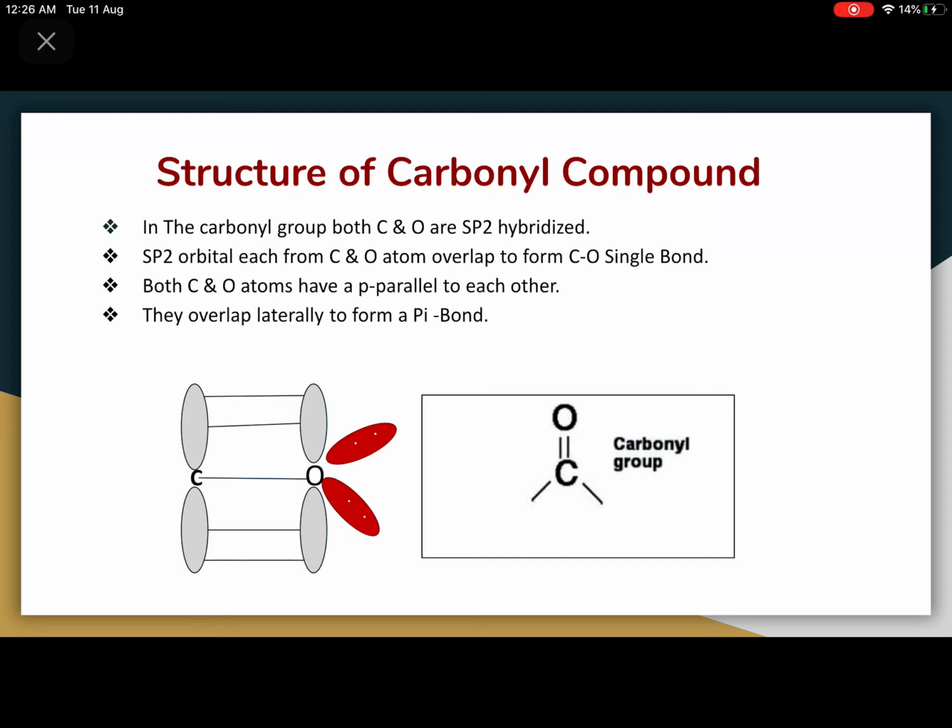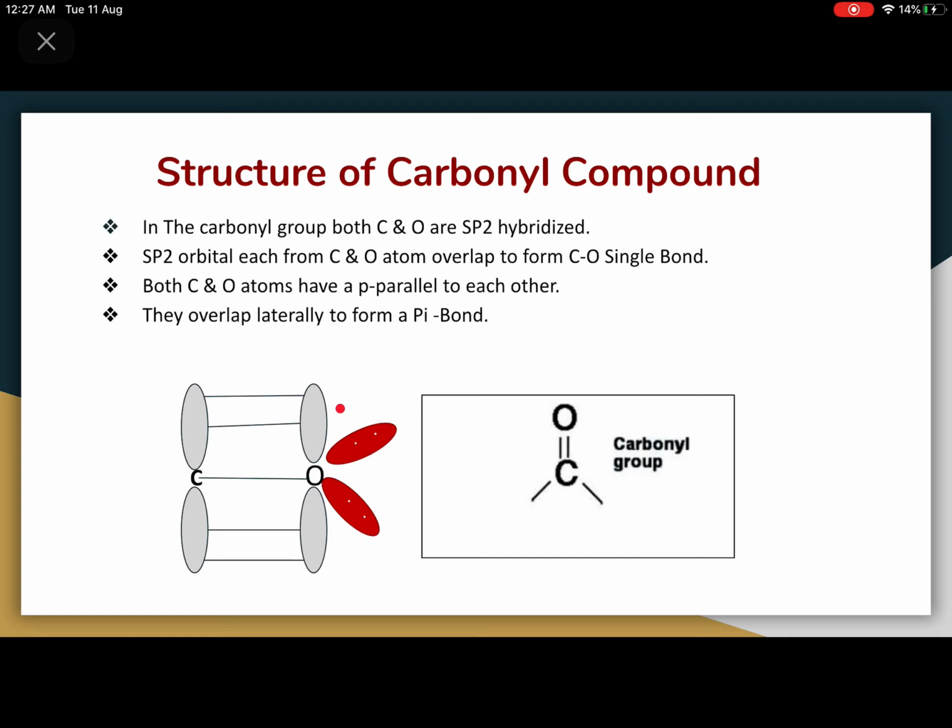The sp2 orbitals, one each from carbon and oxygen, overlap to form the carbon-oxygen sigma bond. This is the p orbital of the carbon atom and this is the p orbital of the oxygen atom.